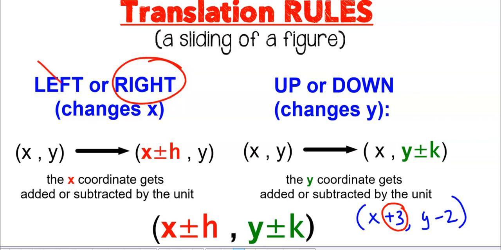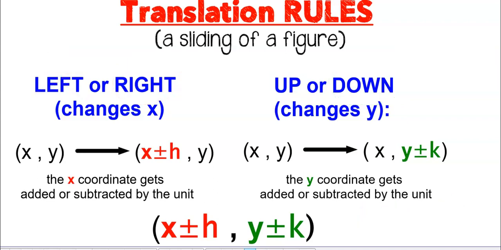I know that it's to the right because to the left would be moving in a negative direction, and this is a positive 3. Y minus 2 indicates that you are moving down because negative 2 is in the lower half of the y-axis.